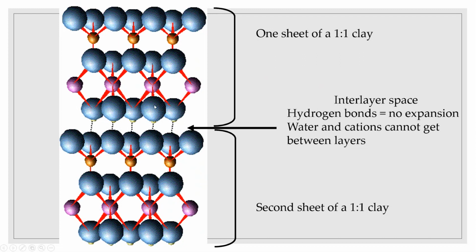What that means is this is an oxygen and a hydrogen that is going to want to bind with the oxygen on that tetrahedral. And because hydrogen bonding is one of the greatest bonds that we can have, we're going to get that structure very tightly held, and there's nothing that's going to move that, or very little. So water or other cations can't really get in here and cause a little bit of flexibility and movement.